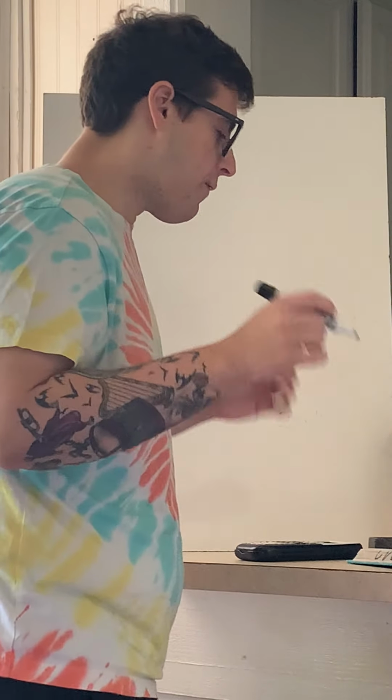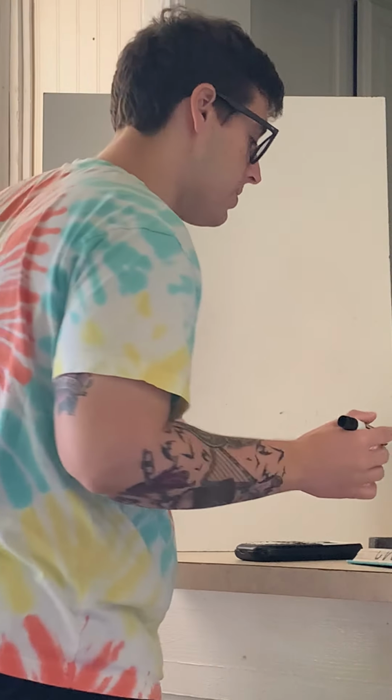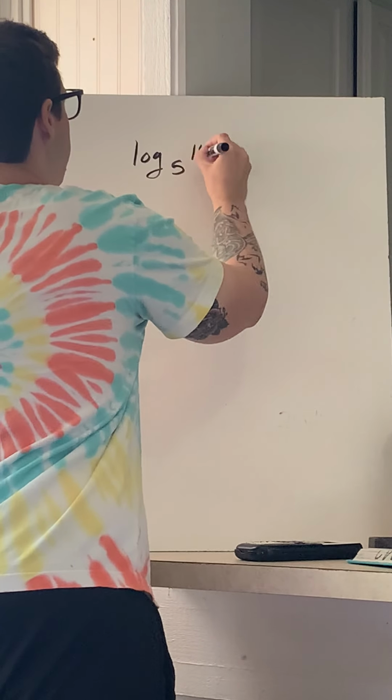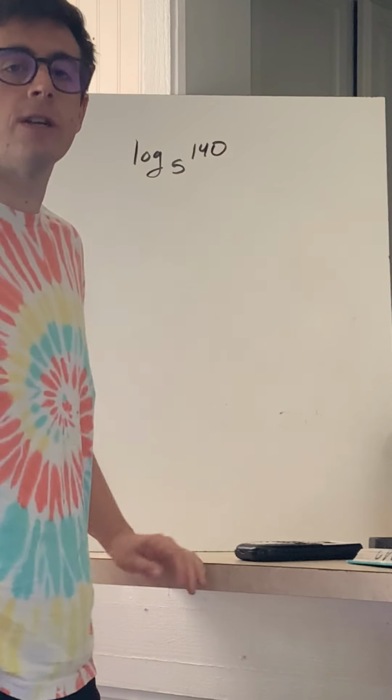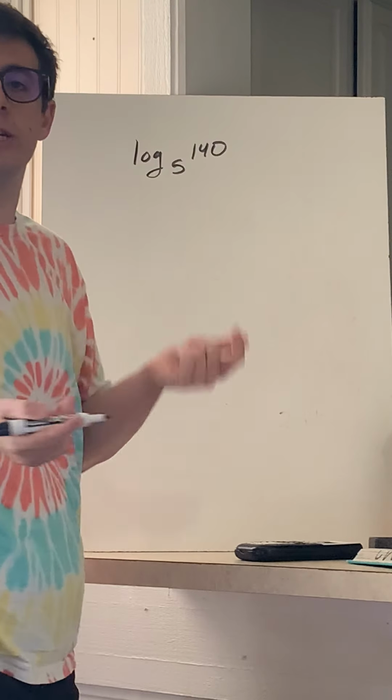So, for example, from the notes, if you have log base 5 of 140, and you don't have a calculator that can do log base, then you can't really immediately do this.